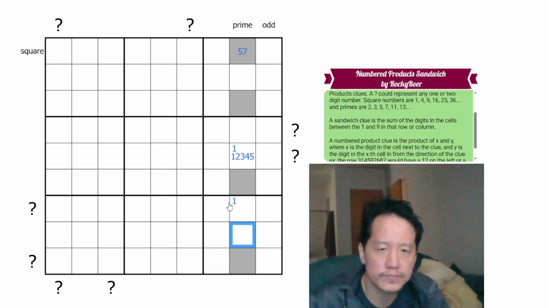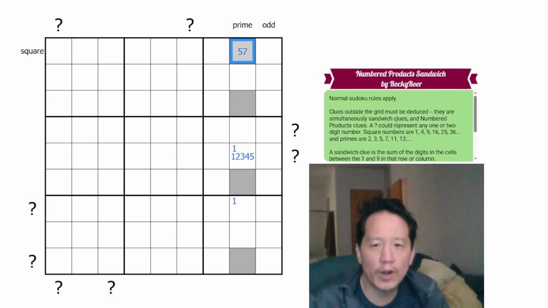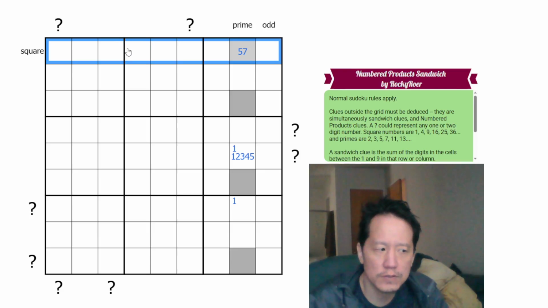Okay. So this is prime. Square could be... If you try to have it as 1, that doesn't work, obviously, because you can't have 1 times 1 anywhere in this row. If you have 4, you could have the 4 here and then the 1 here.